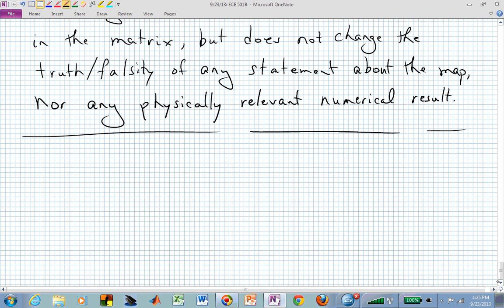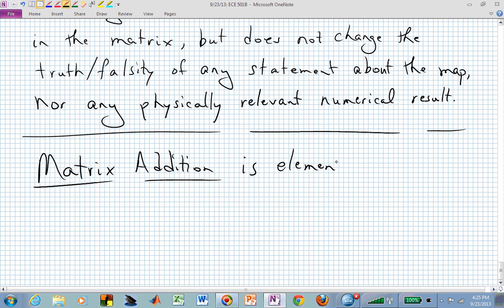Let's quickly talk about some of these matrix properties, and in particular, let's start with matrix addition. And I'm hoping that all of these are second nature to you. Matrix addition is element-wise on matrices of the same size.